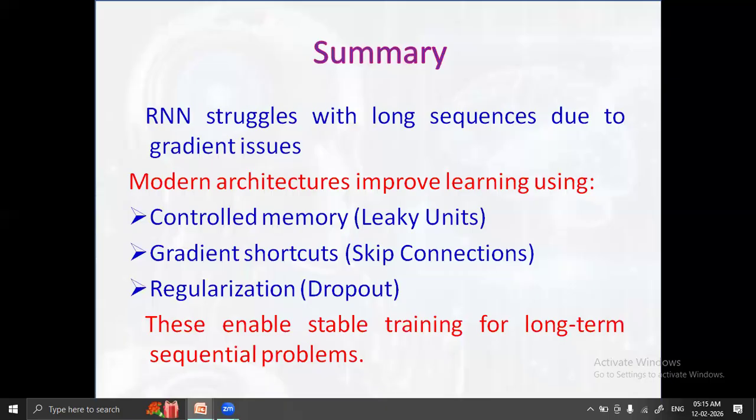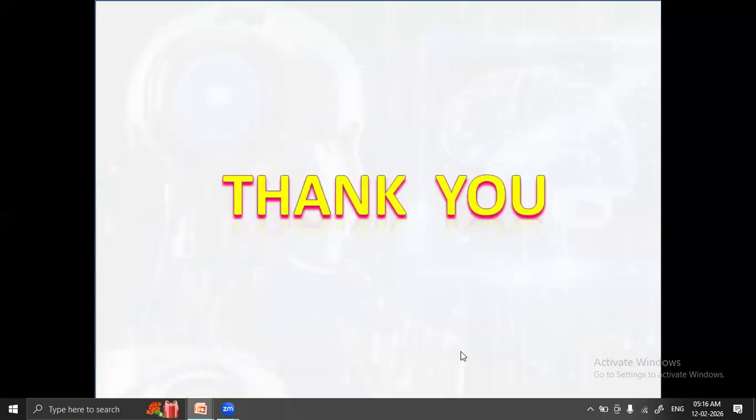These improvements allow deep sequence models to learn stable representations, retain long-term information, and generalize well to new data, making them suitable for complex real-world applications. Hope this enables stable training for long-term sequential problems.